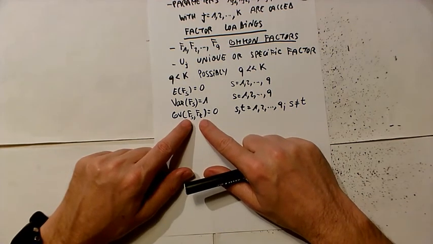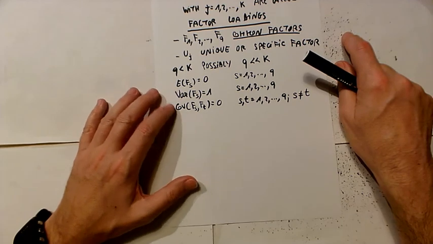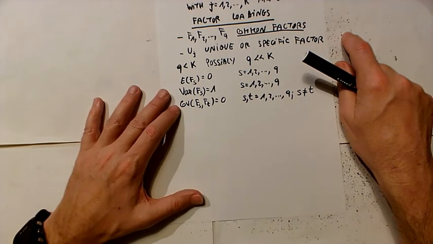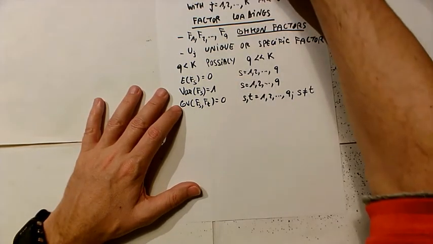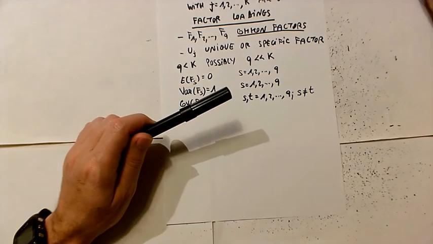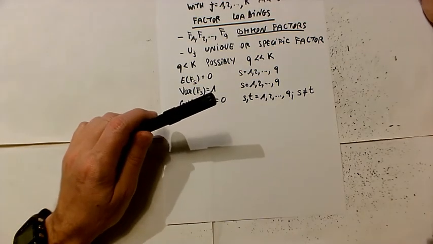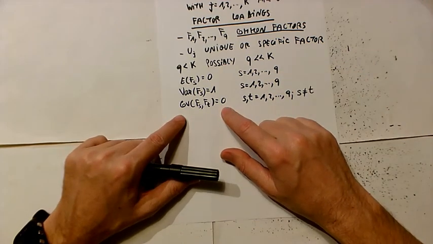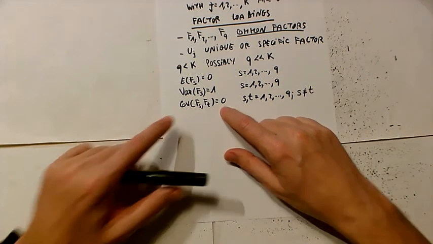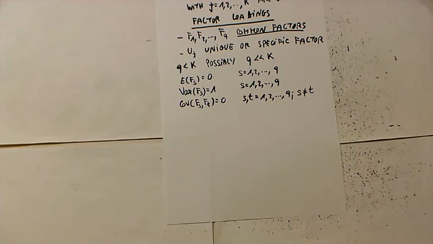Each factor must provide a different information with respect to all the other factors, and this statement is formally expressed as uncorrelation between the factors, so the covariance must be equal to 0.